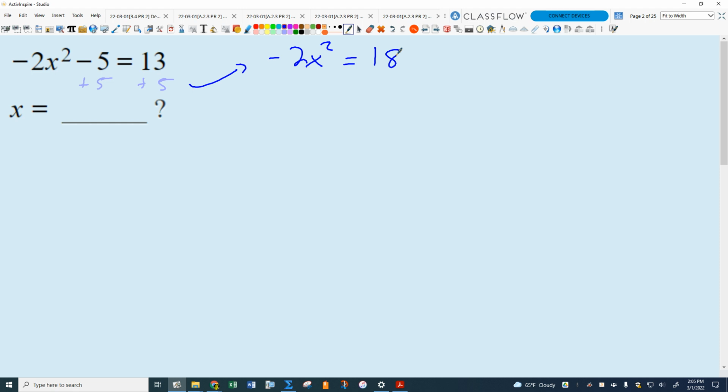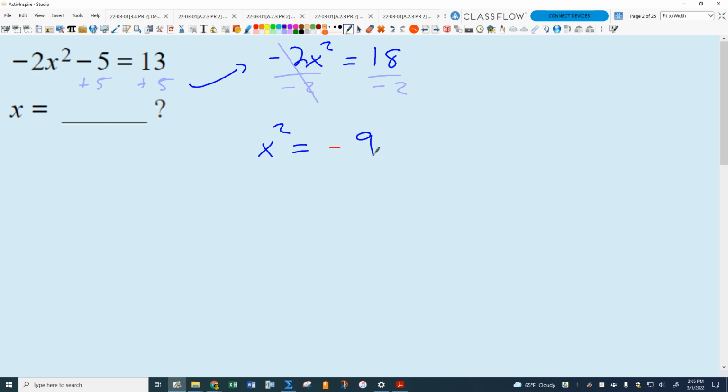Now what? Divide by negative 2. Okay, and those cancel, and we end up getting x squared equals negative 9.